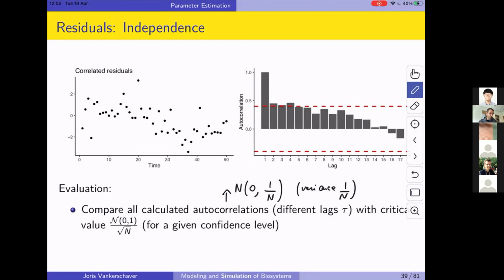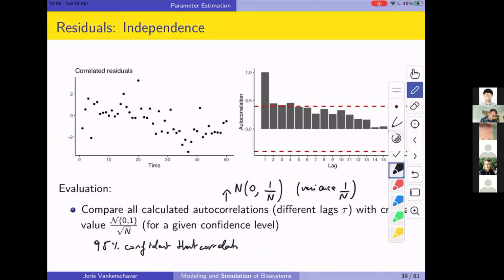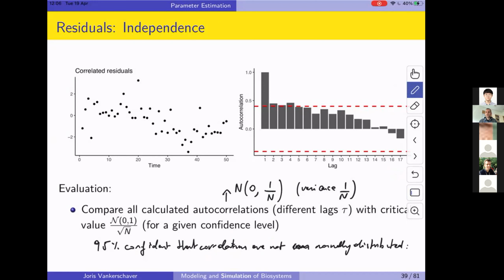What we can say is that if I want to be 95% confident that the residuals, or sorry, that the correlations are not normally distributed, I can look at the 95% quantile of my distribution.